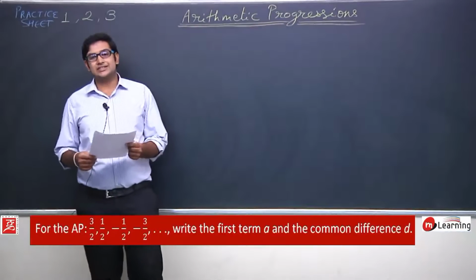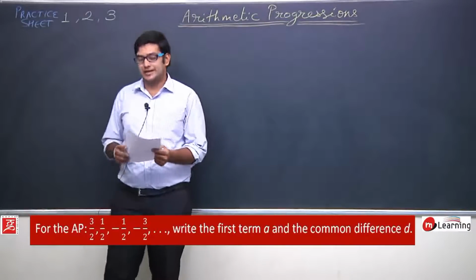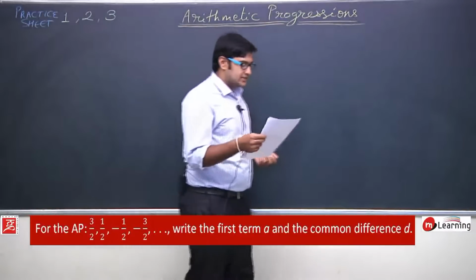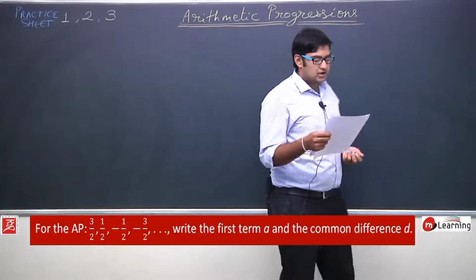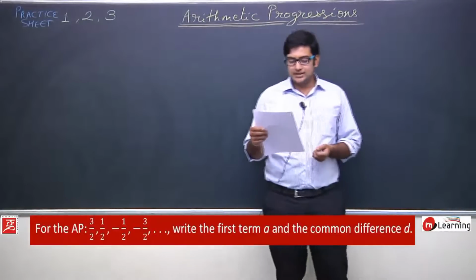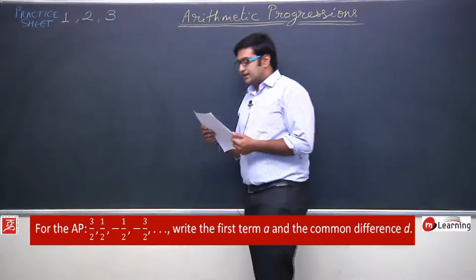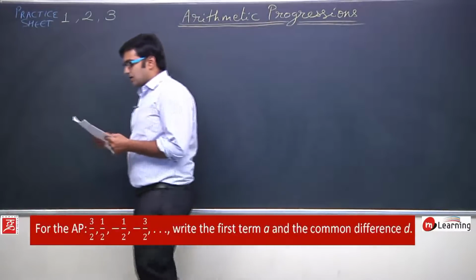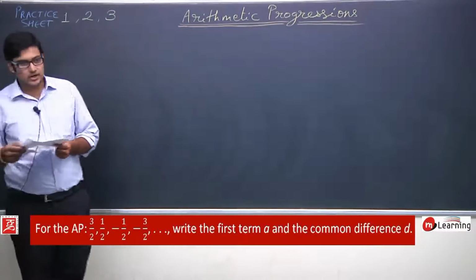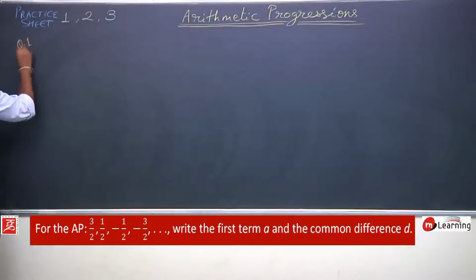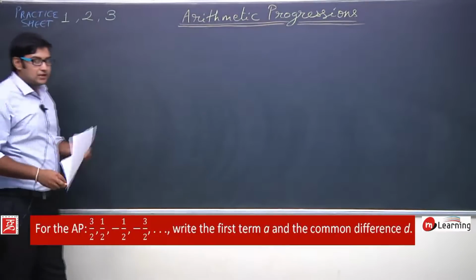Okay, let us now discuss question number 1 from the practice sheet. It says, for the AP 3 by 2, 1 by 2, minus 1 by 2, minus 3 by 2 and so on, write the first term A and the common difference D. Okay. So question number 1 says there is an AP.